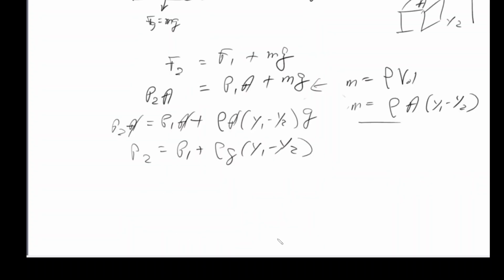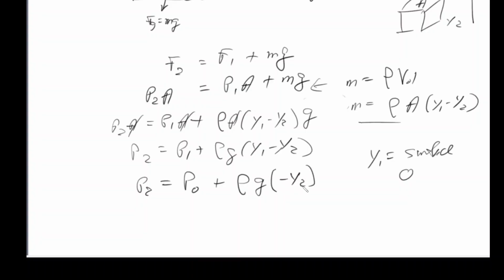Now we're going to say that y1 is at the surface, and that reference would be at y equals 0. So then we get P2 equals P1, which we'll call P0 at the surface, which is atmospheric pressure, plus density times g times 0 minus y2.